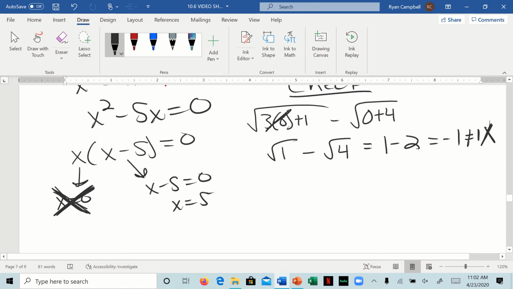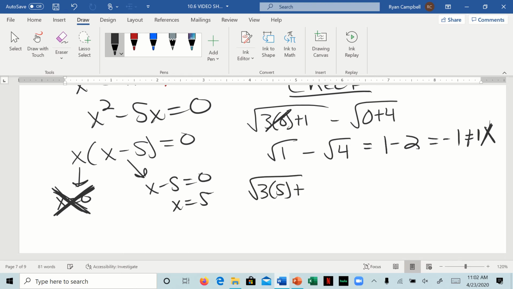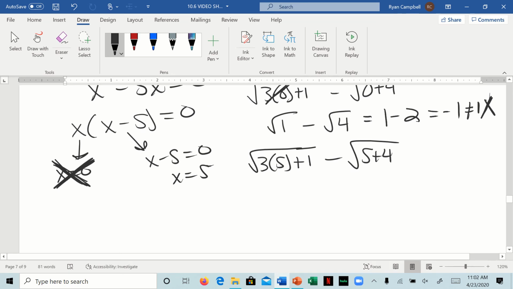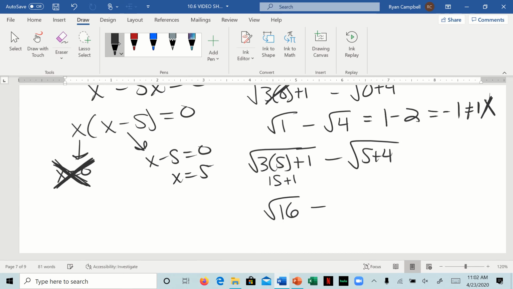Now let's check positive 5. So the square root of 3 times 5 plus 1 minus the square root of 5 plus 4. So 3 times 5 is 15. 15 plus 1 is 16. So we get the square root of 16 minus 3 times 5 is the square root of 9. Square root of 16 is 4.